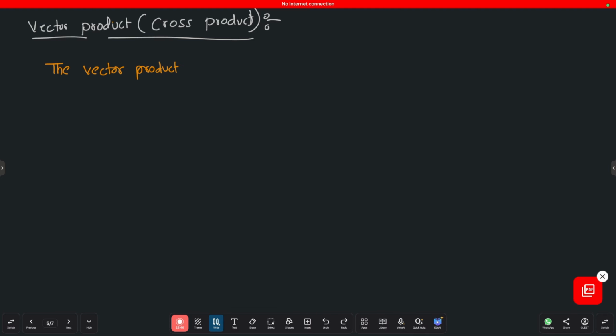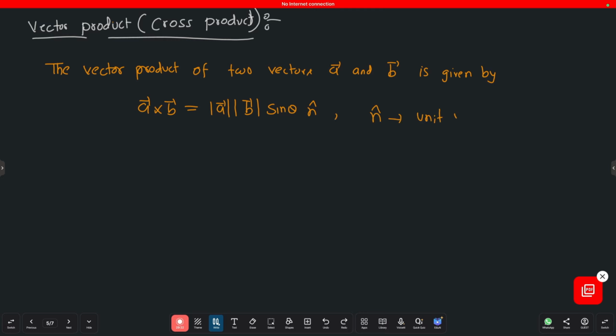The vector product of two vectors, vector A and vector B, is given by A cross B equals magnitude of A, magnitude of B, sine theta, n cap, where n cap is a unit vector perpendicular to both A and B, and theta value is from 0 to pi. Theta is greater than or equal to 0, less than or equal to pi.